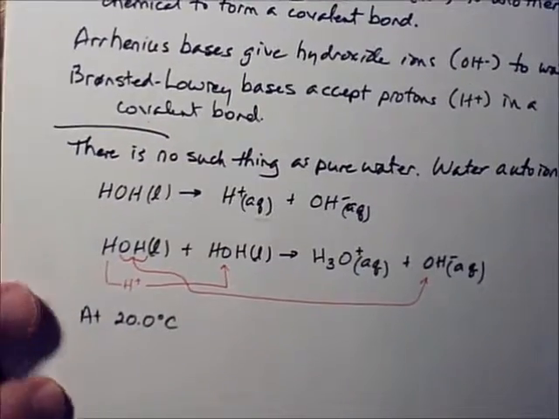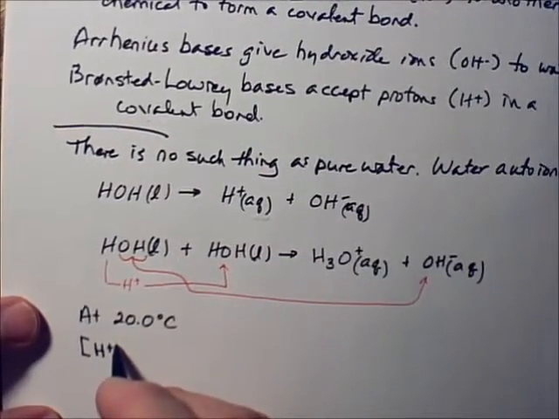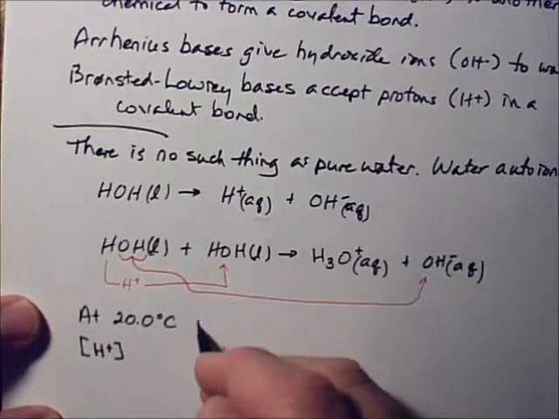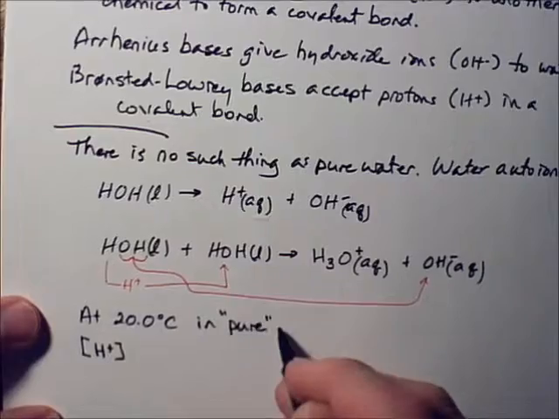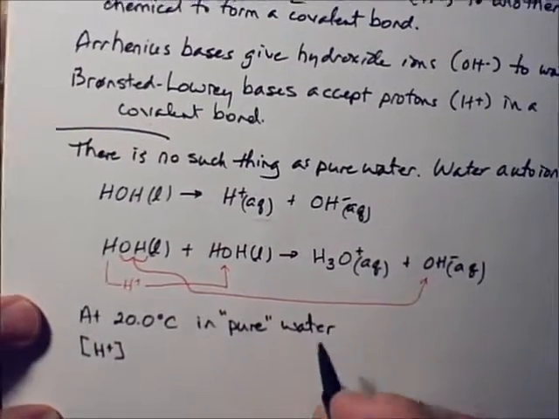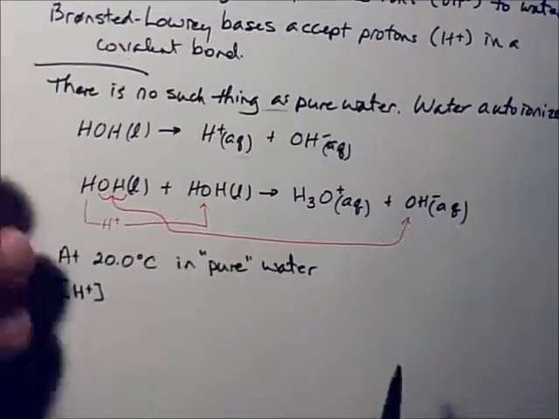At 20 degrees C, the molar concentration of hydrogen ions in so-called pure water. Well, it can't be pure, right? We said that a while ago. There's no such thing as pure water.